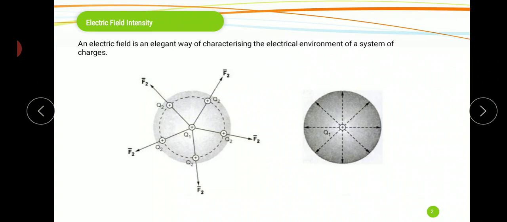That direction is always along the force, and the intensity varies from point to point. If all the Q2 charges are at the same distance, then the force experienced by each plus Q2 is equal. That's why all are represented by F2 bar. That is the difference between electric field and electric field intensity.